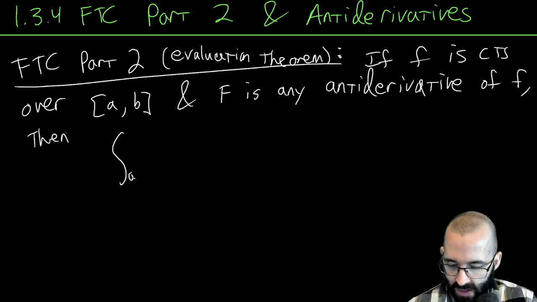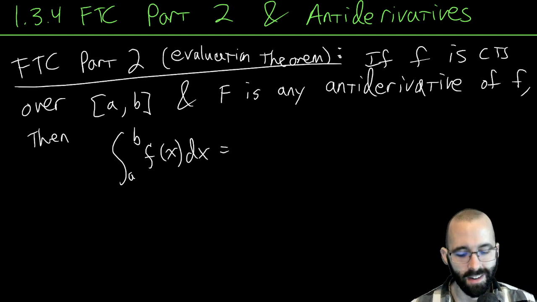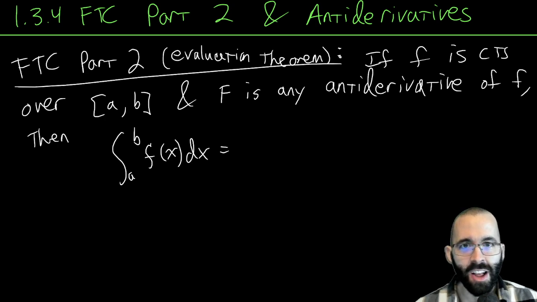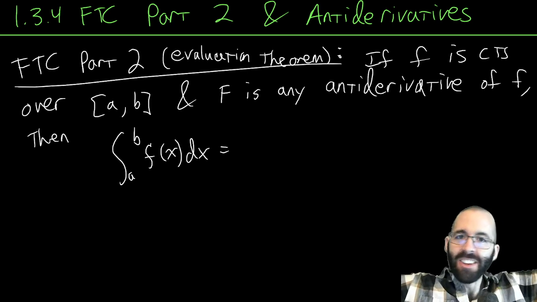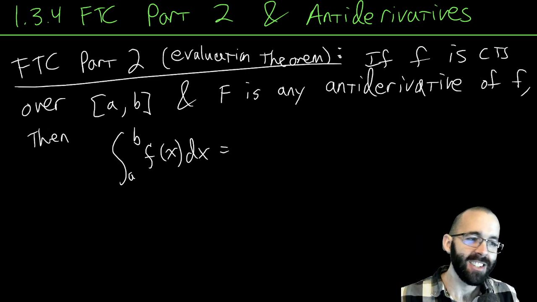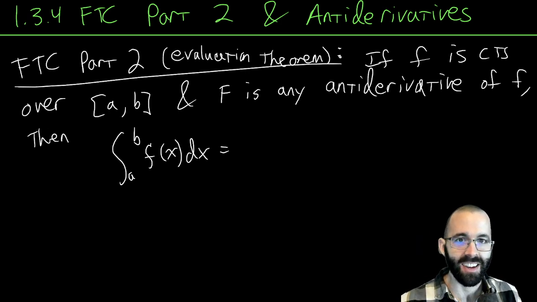then the integral from a to b of this function. This is the shortcut. This is the moment you've all been waiting for. The formula to prevent us from taking Riemann sums. This fundamental theorem of calculus, this amazing theorem that you will love and love and love to the end of your calculus days, is coming.